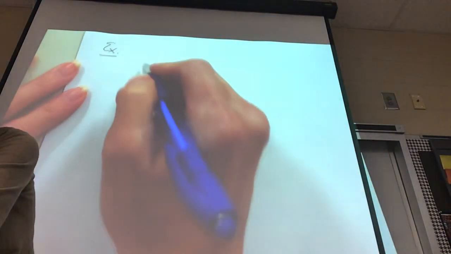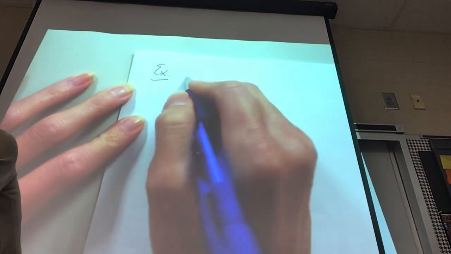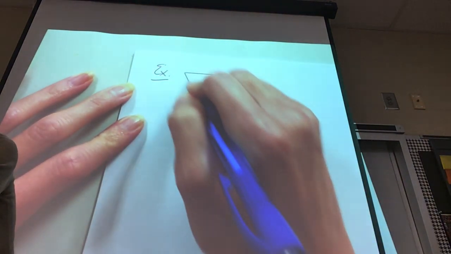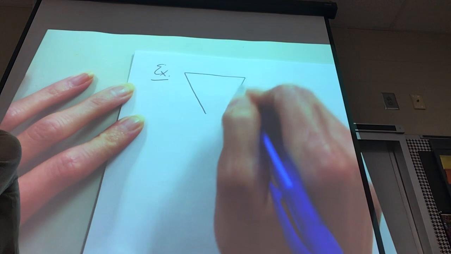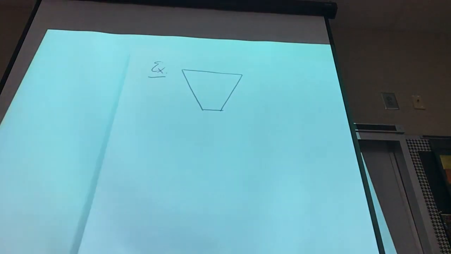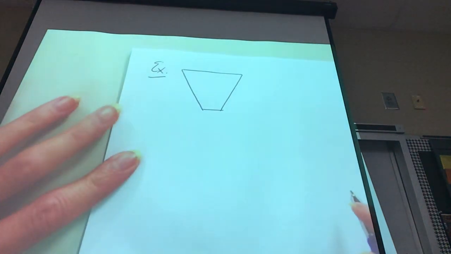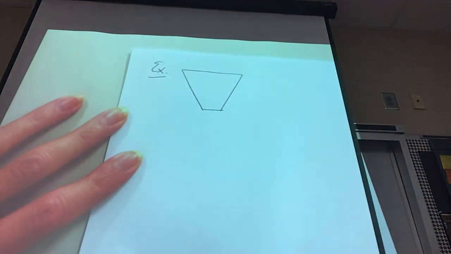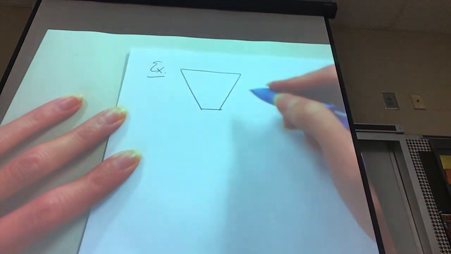Now, these questions are not that difficult. So, if I draw a trapezoid, and again, it doesn't matter how big, how small, doesn't matter anything. It's just a trapezoid. Now, again, I've got diagonals.